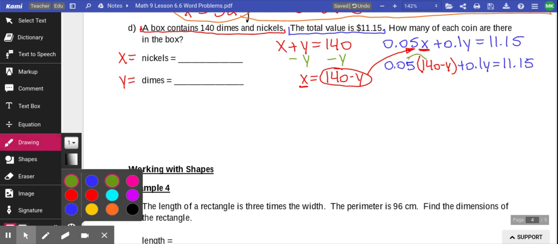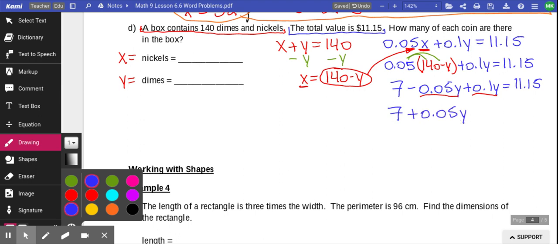If I multiply the 0.05 into the brackets, 140 times 0.05 should give you 7. So I have 7 minus 0.05y plus 0.1y equals $11.15. After I multiplied into the brackets, I had some like terms. I would like to combine those like terms. So I now have 7, and it should come up to be plus 0.05y.